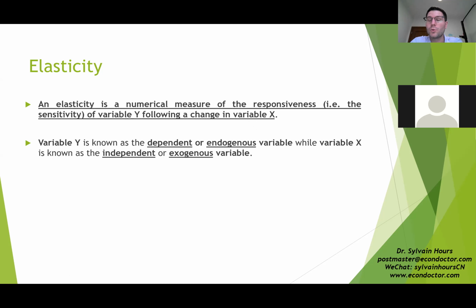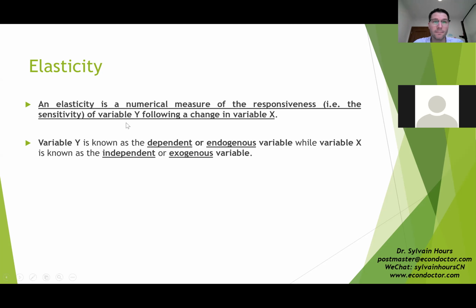But essentially, what you can keep in mind is that the independent variable explains or causes the dependent variable. Okay, so to simplify, the independent variable is just the cause, and the dependent variable is the consequence. Okay, so you will change the independent variable, and you will see what happens to the dependent variable.